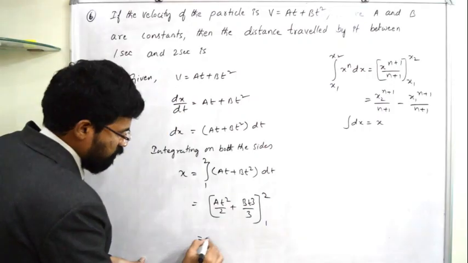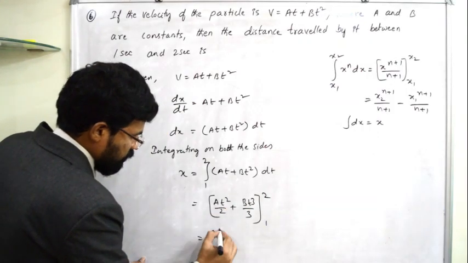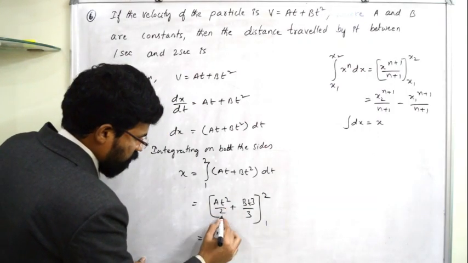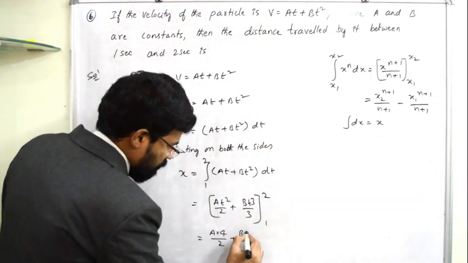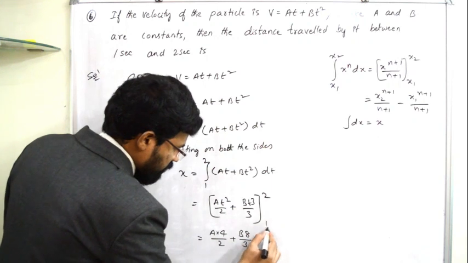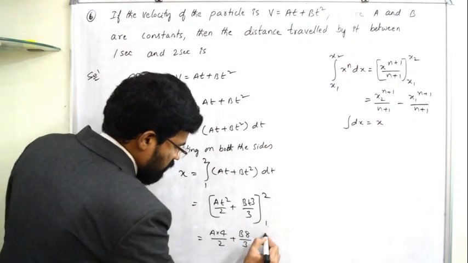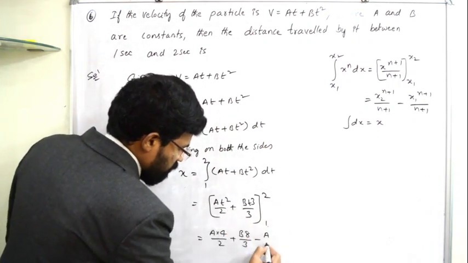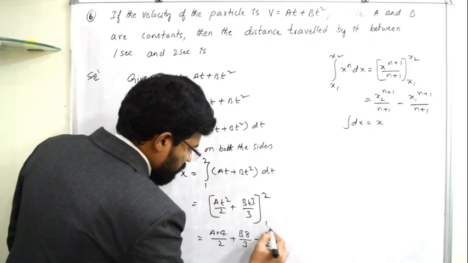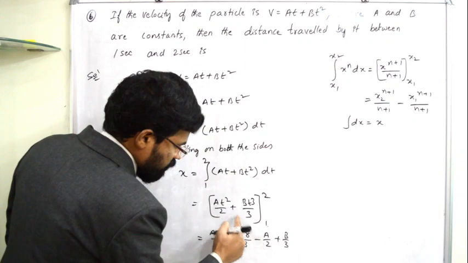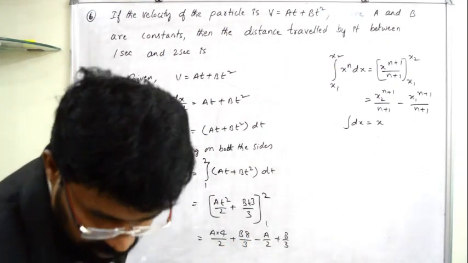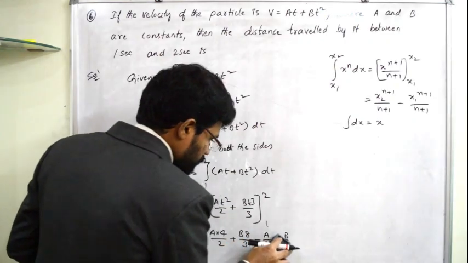Let me substitute 2 first. a into 2 square, 4 by 2, plus b into 2 cube, 8 by 3, minus, substitute lower limit, a into 1 square by 2 plus, substitute 1 here, you will have b by 3. So when you are taking minus sign, here also you will get minus sign.